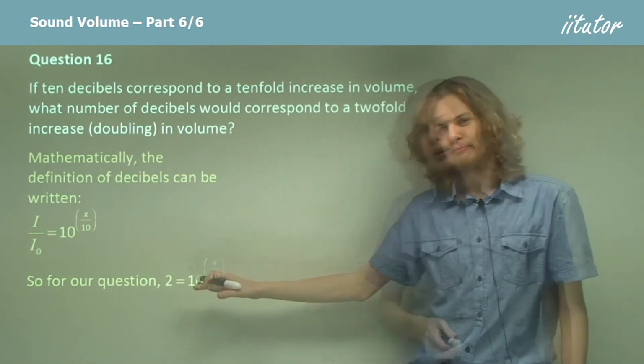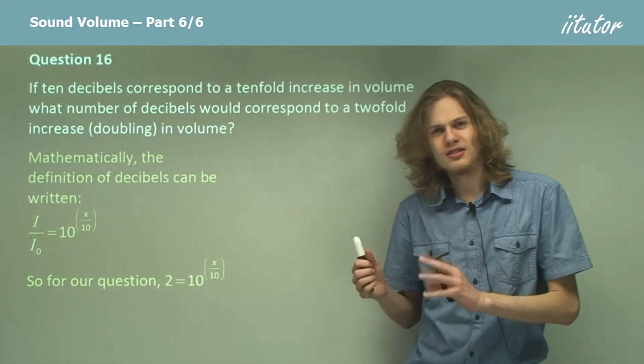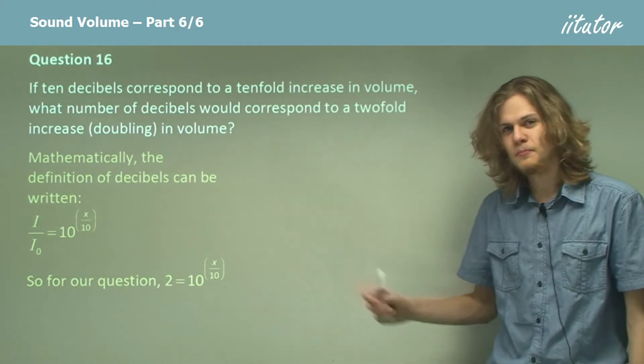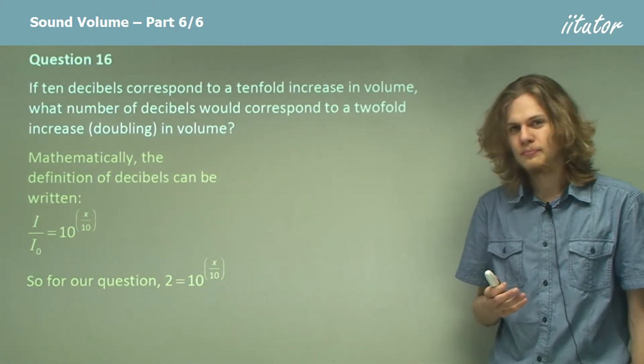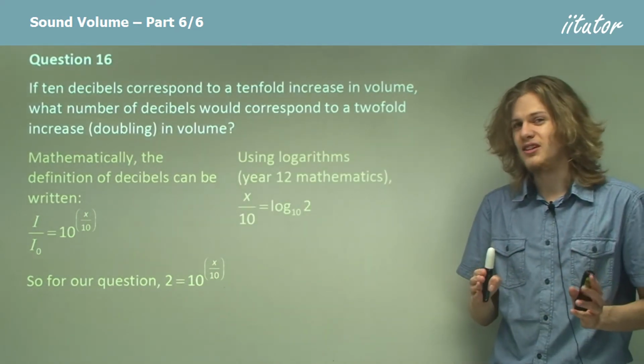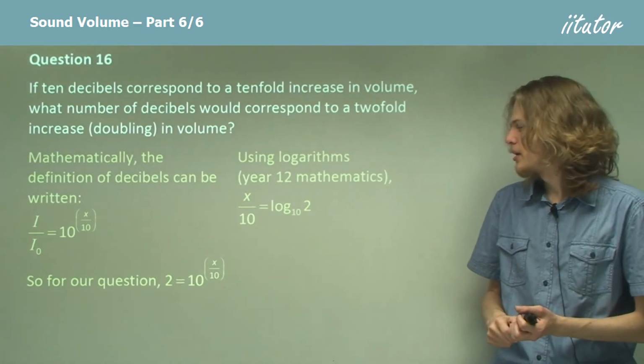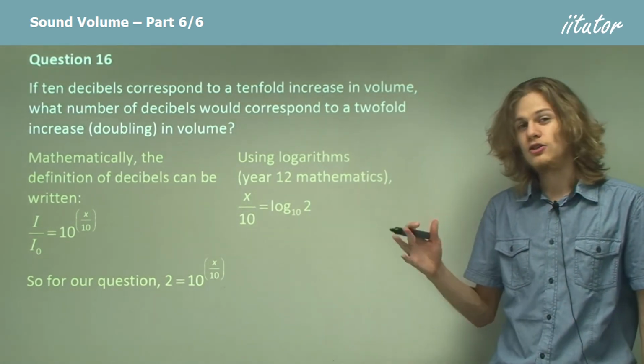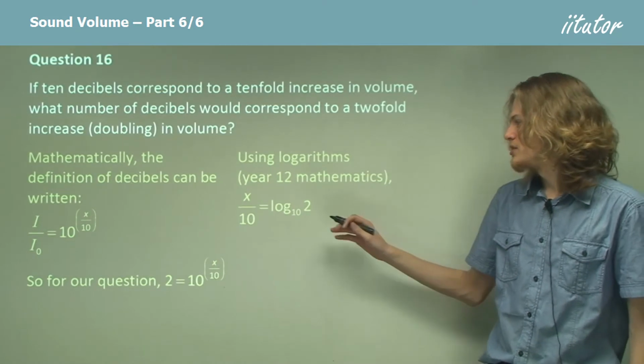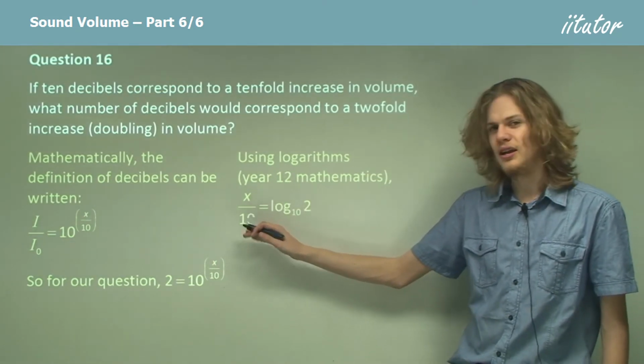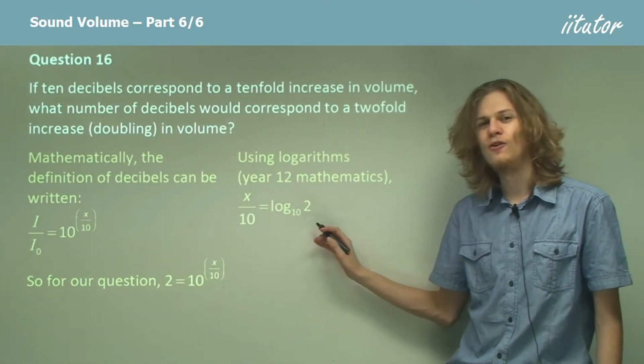But in fact, there's a whole branch of mathematics that deals with questions like this, and that's called logarithms. You haven't learned about that yet, it's year 12 mathematics. But it turns out that using logarithms, we can say that x over 10 equals the log base 10 of 2.